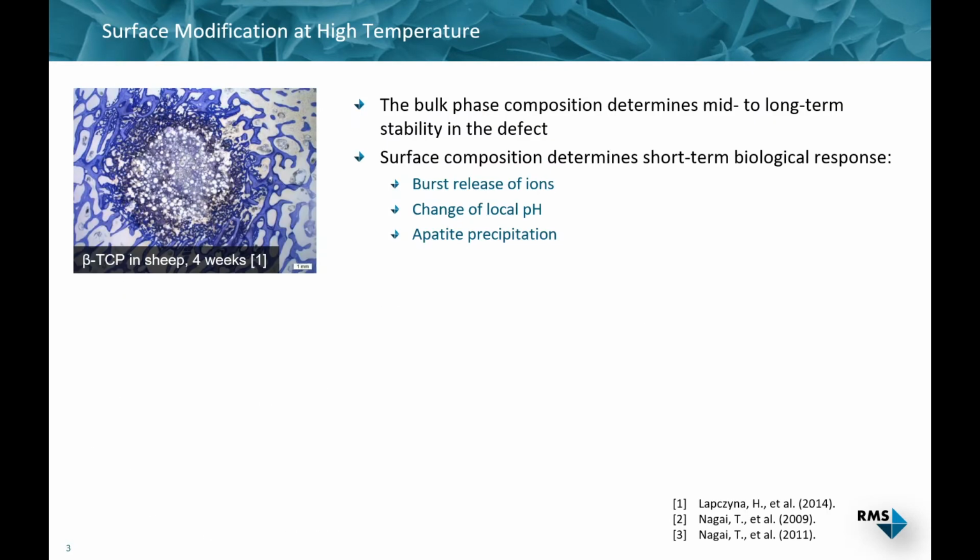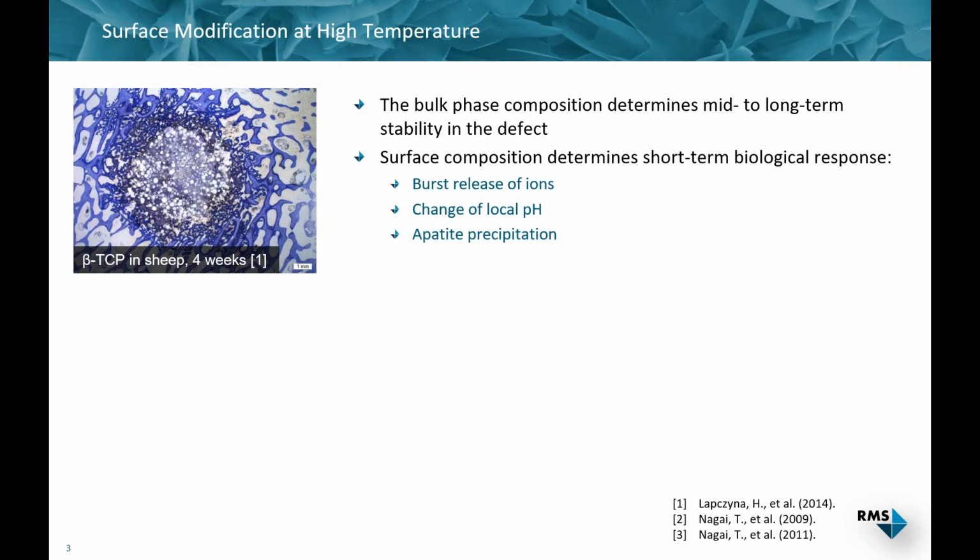The bulk phase composition of a ceramic implant determines the mid to long-term stability in the defect, so whether or not the implant is resorbable. And the surface composition determines the short-term biological response to the implant. For example, if the surface is coated with a highly soluble phase, we will observe a burst release of ions immediately after implantation.